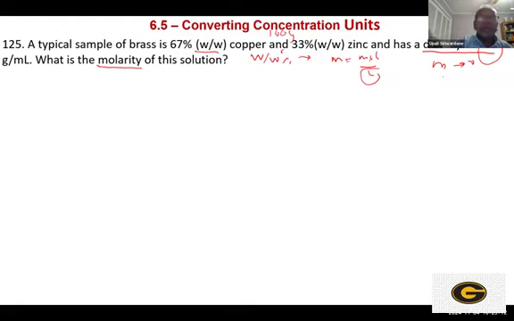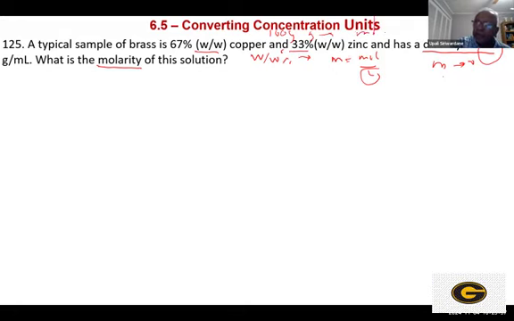Then you have to convert what is the molarity. Zinc is the minor component. Therefore, zinc is the one that converted to, this is grams converted to moles.